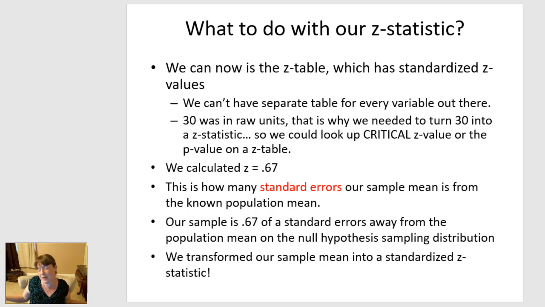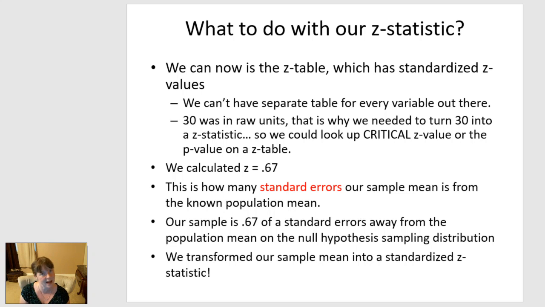And we can actually look up the p-value now, if you want to, using that table A1, that z table in the back of your book. Because that's what it's called. It's called a z table. It's the table for the standard normal distribution, right? And that calculated value of 0.67, when I round 0.666666 forever, that's how many standard errors 30 is away from 28.